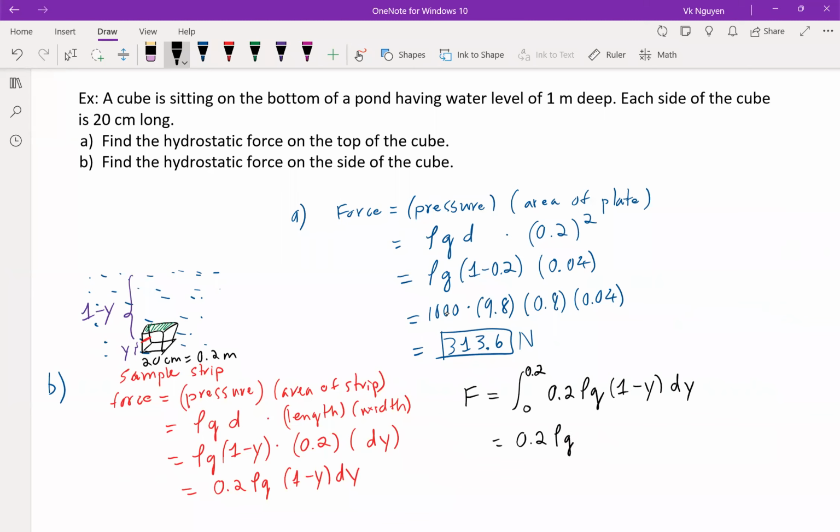That gives 0.2 rho g times (y minus y squared over 2), evaluated from 0 to 0.2. This is 0.2 times 1,000 times 9.8 times (0.2 minus 0.2 squared over 2). This gives us 352.8 Newton.